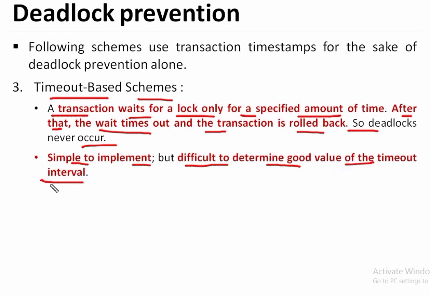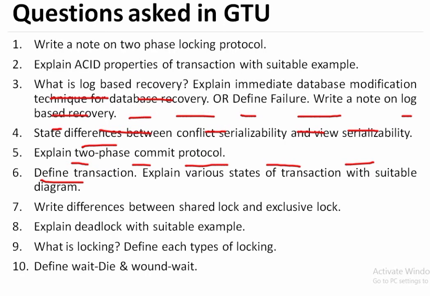What should be the time interval after which the transaction should be rolled back? It is very complicated and hard to implement, so it is not a proper solution, because providing some time interval for checking whether a particular transaction has completed its execution, to find out the deadlock, is a time-consuming process.